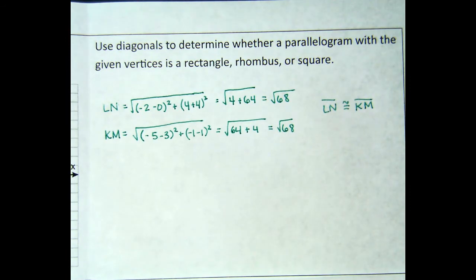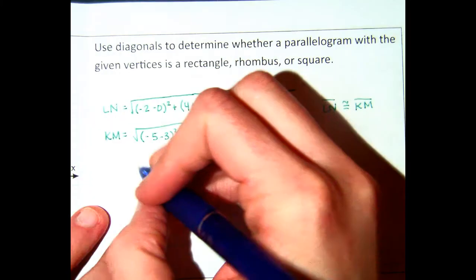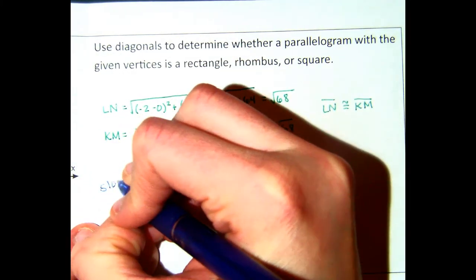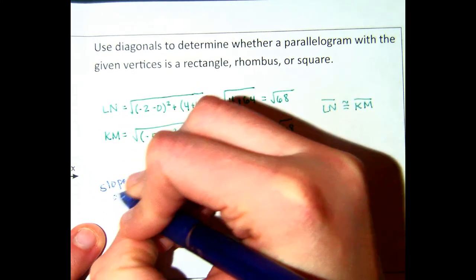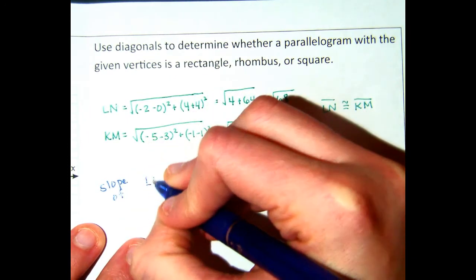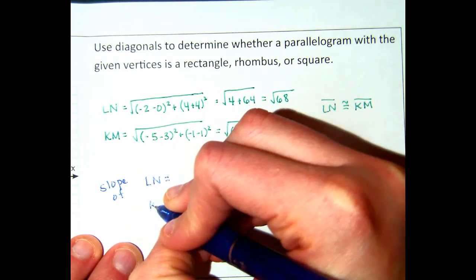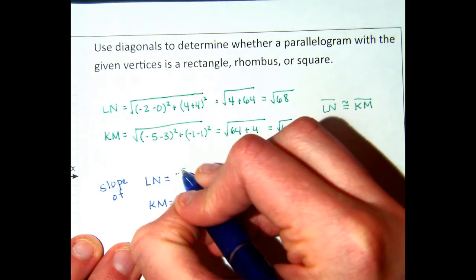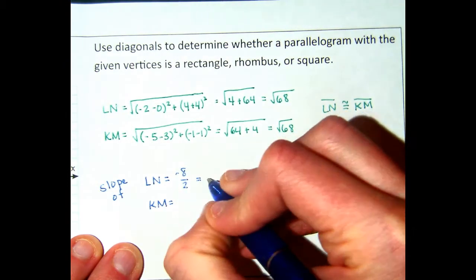So to determine if it is also a square, we will need to find the slopes. So find the slope of LN and KM. LN is negative 8 over 2, which reduces to negative 4.